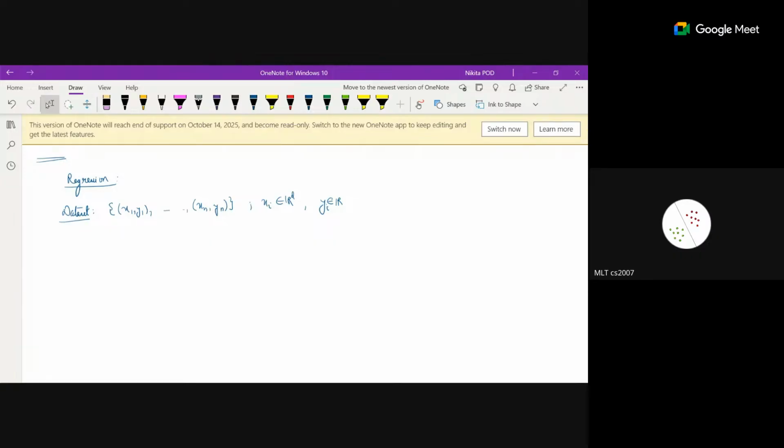Now if we are given the data set, what is our goal here? We want to learn a map, a function h, which takes any input x in R^d and gives us a real-valued output.